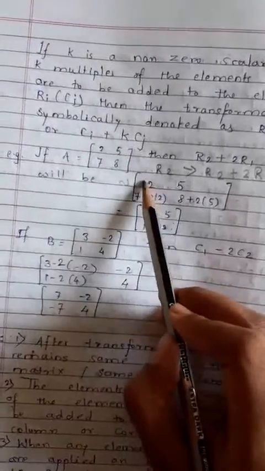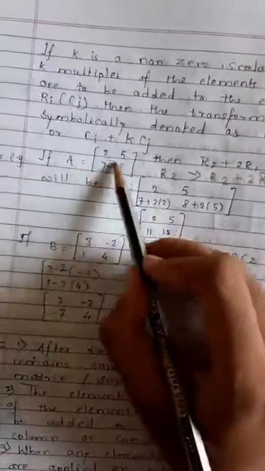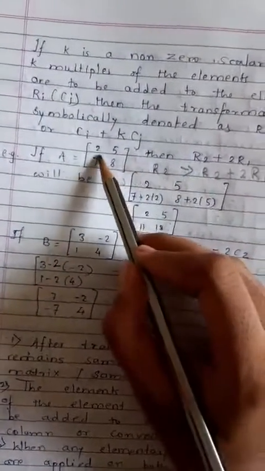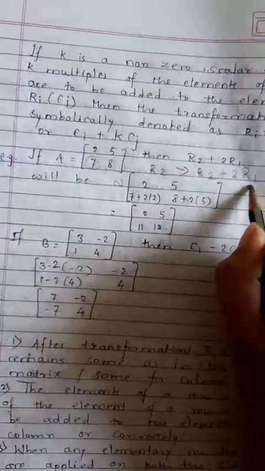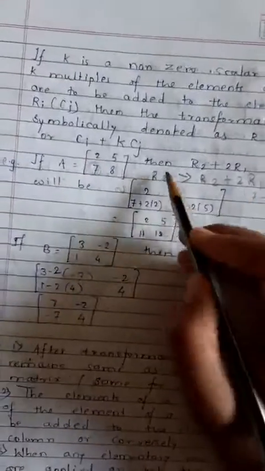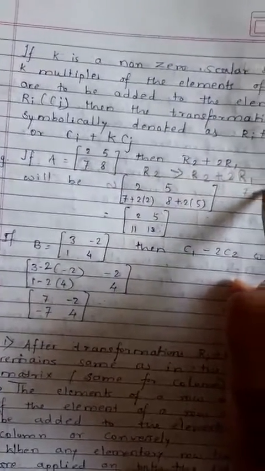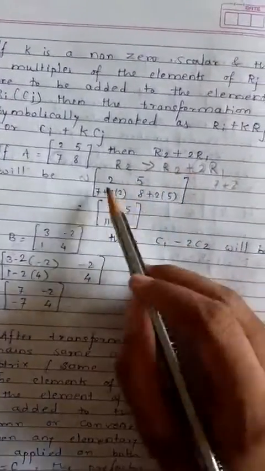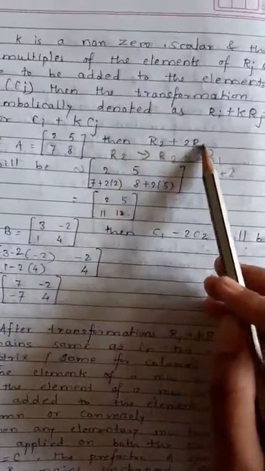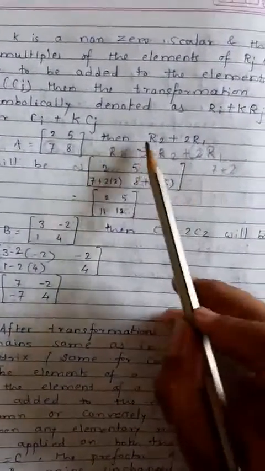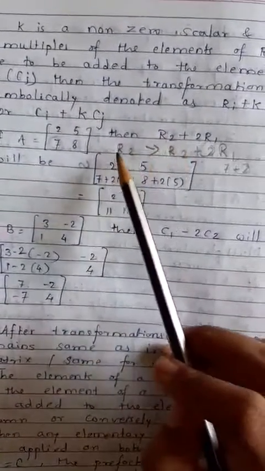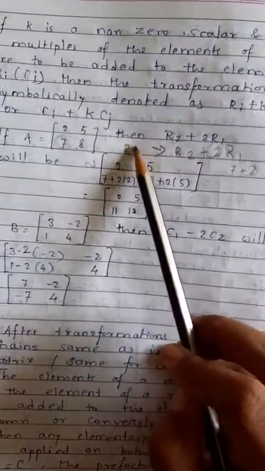So we are operating on R2, so our second row is going to change. The first row will be as it is, 2 5. Now while doing the operation on the second row, R2 plus 2R1, I will explain once again. The operation is R2 plus 2R1, and we are operating on R2.